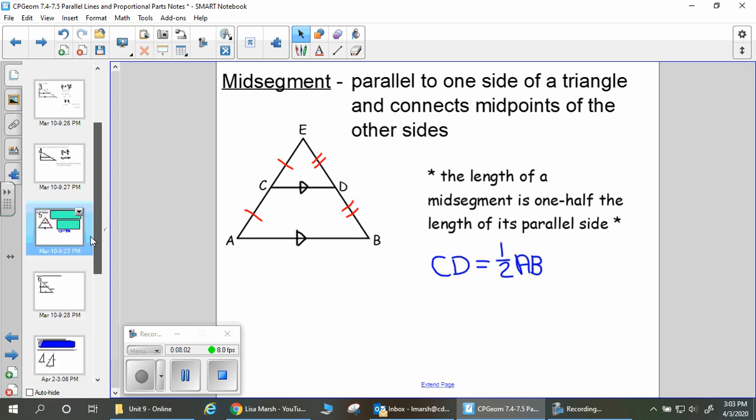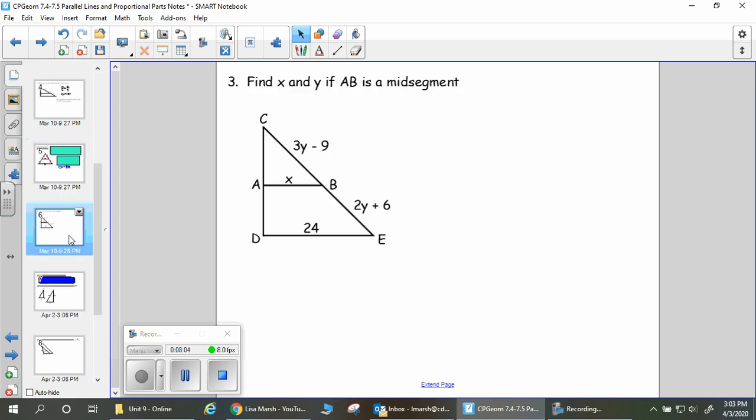So if we look at an example, it says to find X and Y if AB is a midsegment. So they're telling me point blank, AB in this picture is a midsegment. Well, we just said that the length of a midsegment is 1/2 the side that it's parallel to.